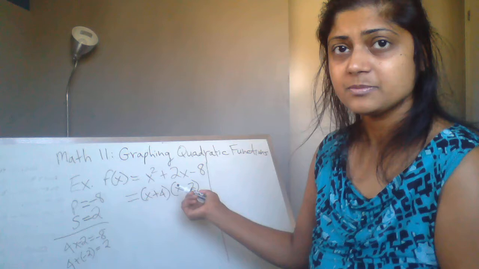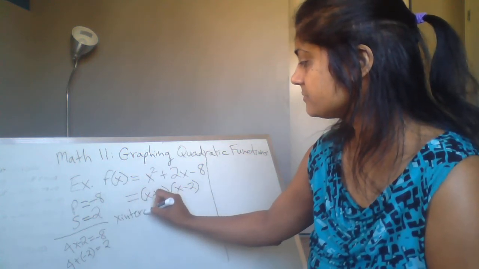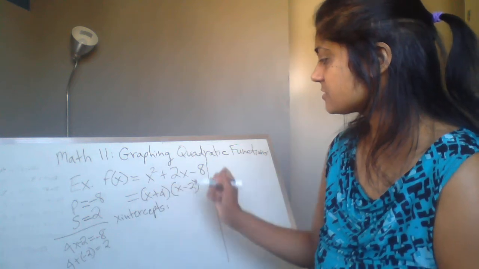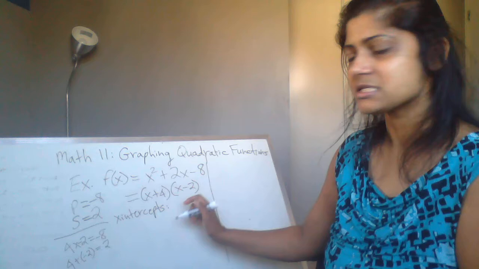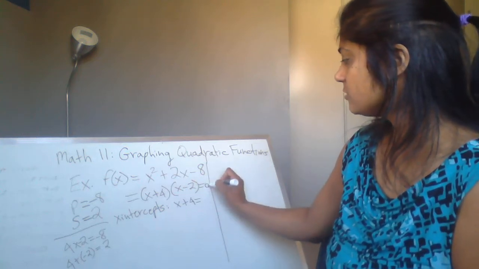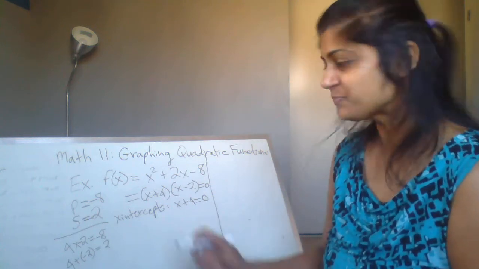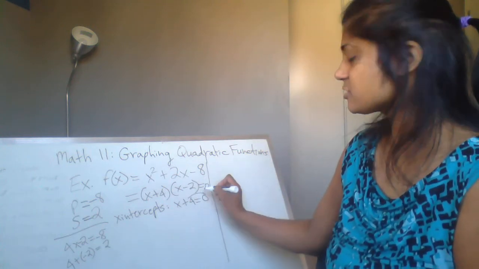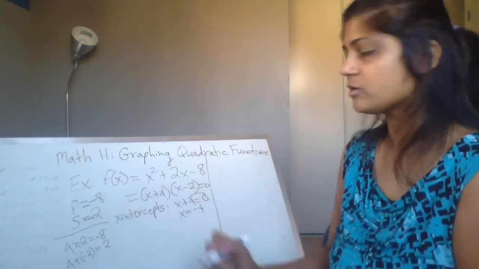In the second step, I have to find out what the x-intercepts are. So let's write it right here. For the x-intercepts, what I'm going to do is change the signs of whatever's inside the brackets. I'm going to start with the first one. We're going to make the whole expression equal to 0, so x plus 4 equals 0. I'm going to take the 4 to the other side and change the sign, so x equals negative 4.